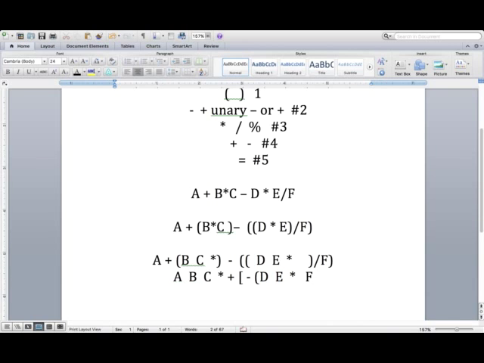So I'll put the division over here. Looks a little weird that division was before and went after, but do not worry about that.